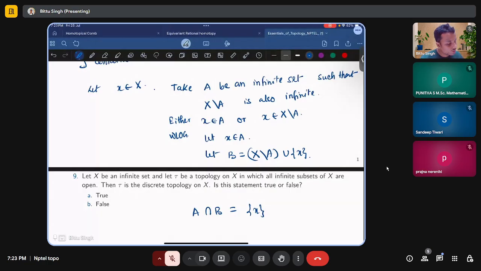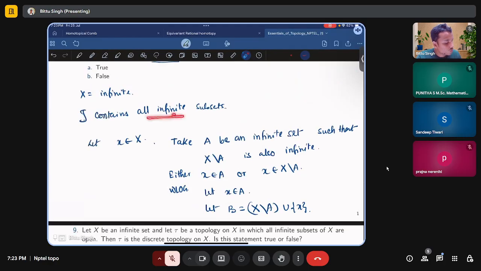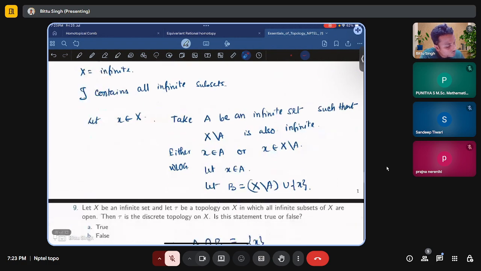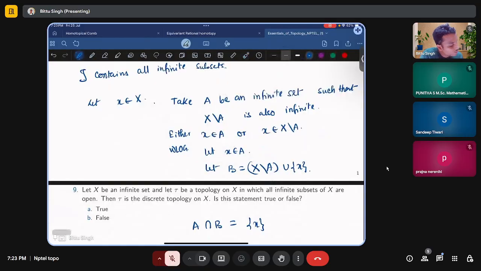And we also note that we already assume that a is an infinite set and x minus a is also infinite. And tau means all those infinite sets are open, right? So since those two are infinite, therefore a is an open infinite set.